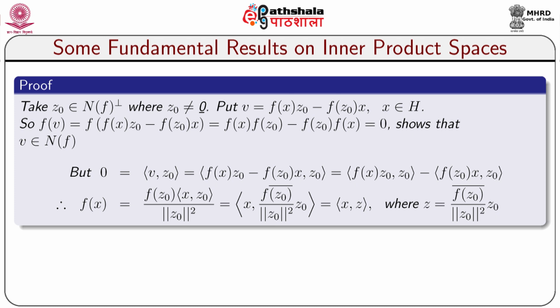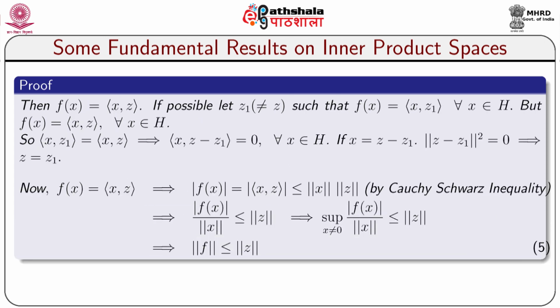But 0 is equal to inner product v comma z0, which is equal to inner product f(x) z0 minus f(z0) x comma z0, which on simplification we get f(x) is equal to f(z0) into inner product x comma z0 divided by norm of z0 square, which is equal to inner product x comma conjugate of f(z0) divided by norm of z0 square into z0, which is equal to inner product x comma z, where z is equal to conjugate of f(z0) divided by norm of z0 square into z0.